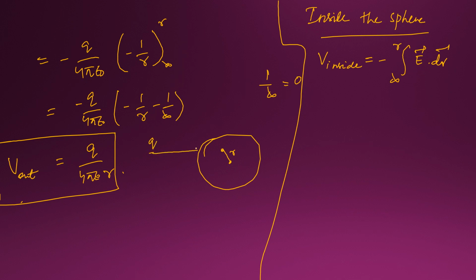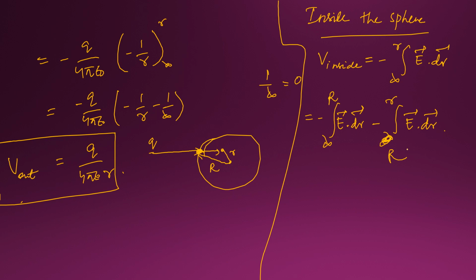So first infinity to the surface, whose distance is capital R from the center because it's the radius, then from R to the distance r. So we can divide the limit into two parts: infinity to capital R, the radius of the sphere, plus R to r. Got it? E dot dr. Is that all right?